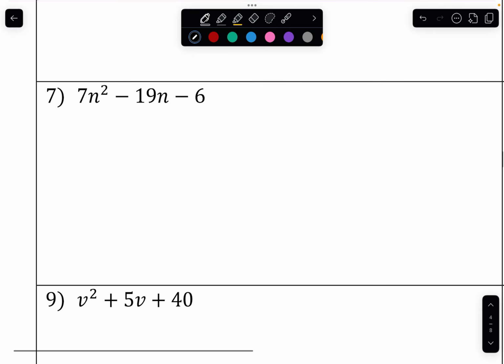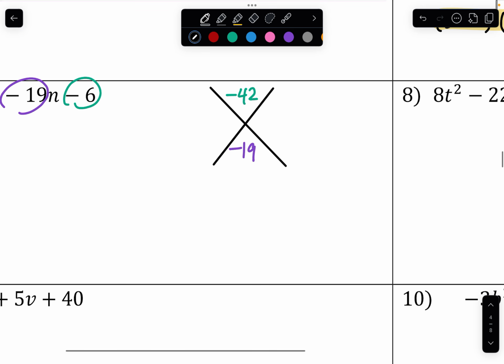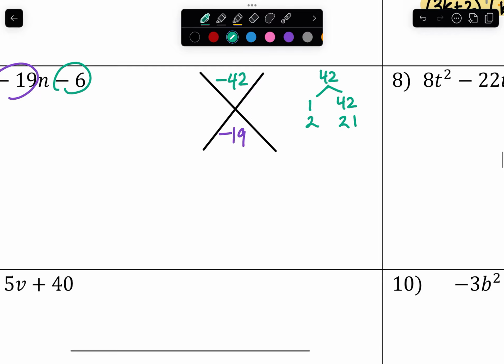Okay, next example. We are looking for two numbers that multiply to 7 times negative 6, which is negative 42, but add to negative 19. These numbers are kind of large, so it might be helpful to make your t-chart or your factor tree. So 1 and 42, 2 and 21, 3 and 14, 4 doesn't work, 5 doesn't work, 6 and 7, and then we're back to 7.